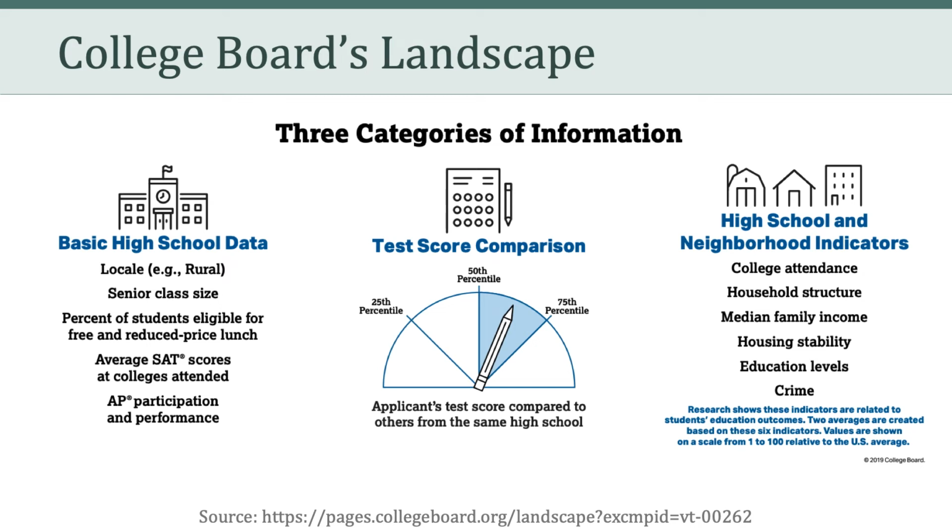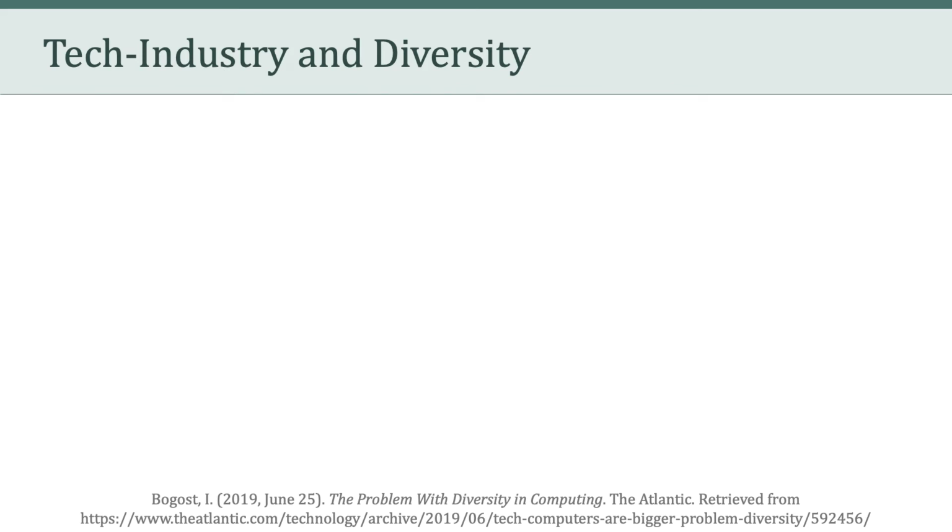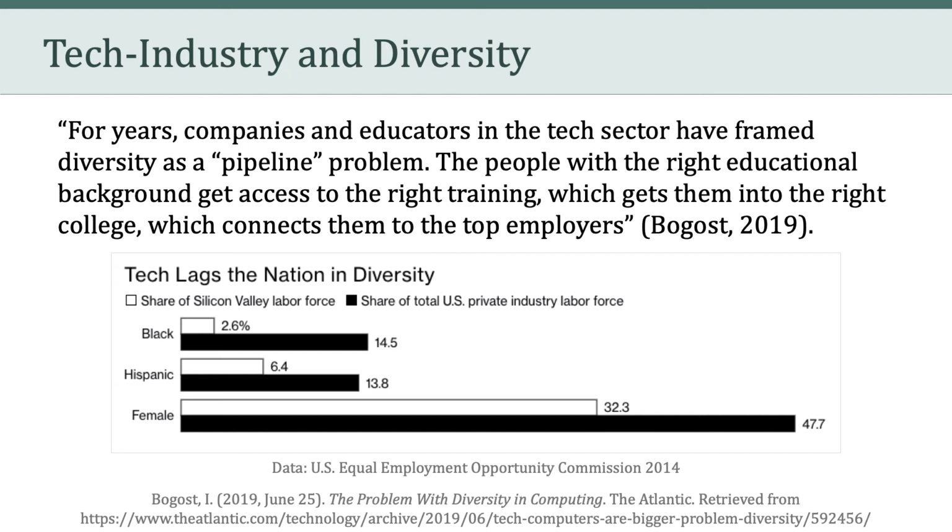So I wanted to share this current event with you as we think about racial and ethnic divides, differences in needs in the context of this course. Now, I'd like to transition to a related topic, the tech industry and diversity. Now, I'm sure many of you are aware that diversity in the tech industry has been criticized as being pretty terrible. In fact, a 2019 article argued that for years, companies and educators in the tech sector have framed diversity as a pipeline problem.